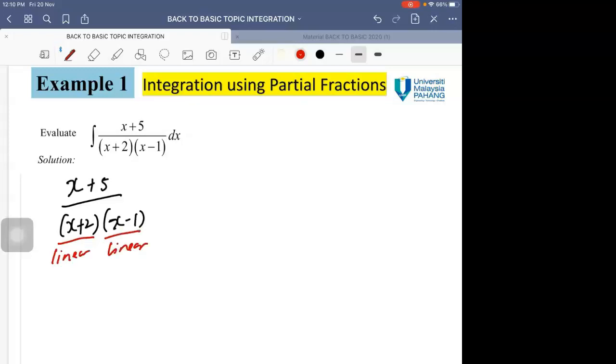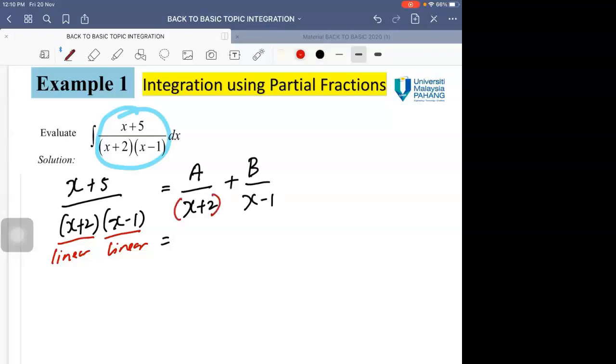So in order to simplify our fraction in terms of partial fraction, we must write this as A over x plus 2 plus B over x minus 1. Okay, all right. And then how do we solve the two fractions? As I told you, to solve fractions, you must equate the denominators. Okay, so look here.